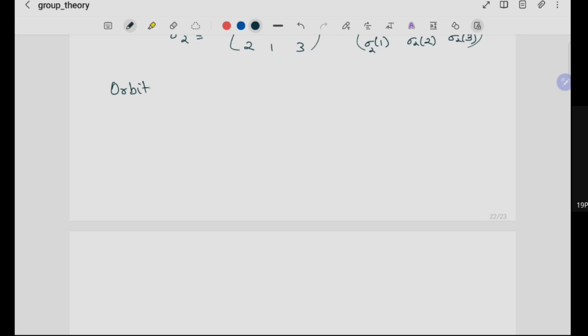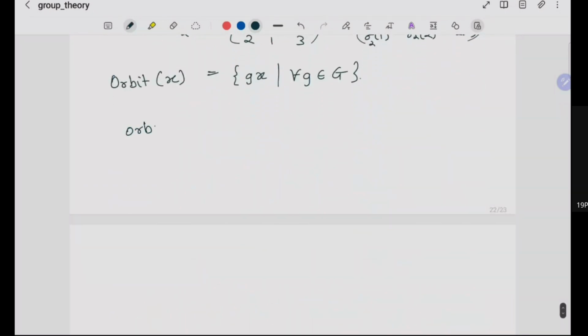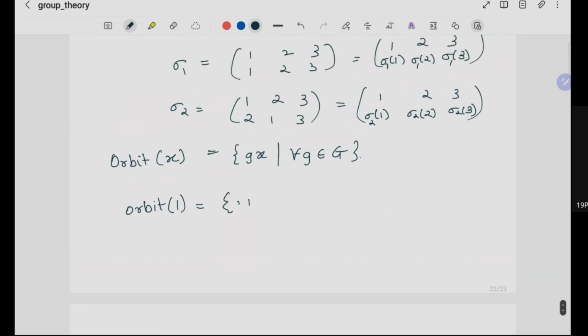So the orbit of x is gx for all g in G. That is, what are all the values x is taking under the action of G. For example, if I want to talk about the orbit of 1 here, then it is sigma of 1, where sigma belongs to all the elements.